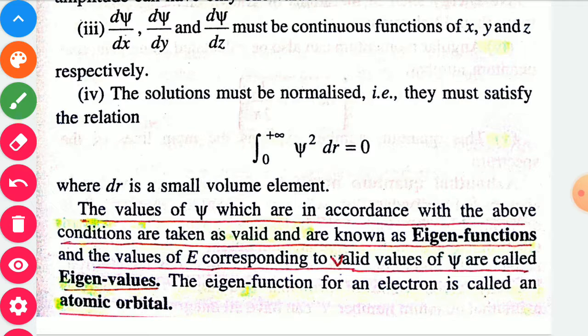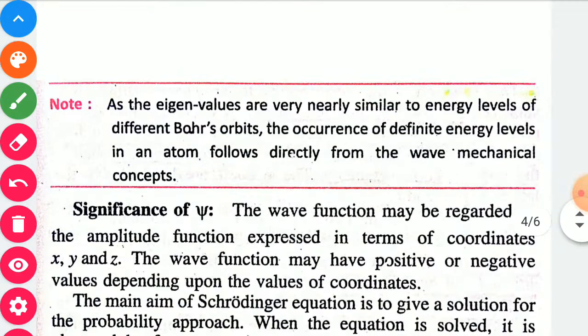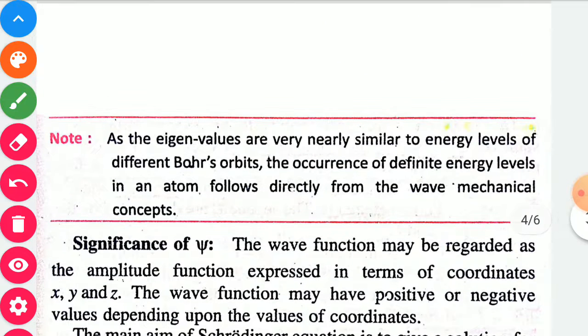So remember that eigenfunction with respect to an electron is known as atomic orbital. Here, as the eigenvalues are very nearly similar to the energy levels of different Bohr's orbits, the occurrence of definite energy levels in an atom follows directly from the wave mechanical concept.